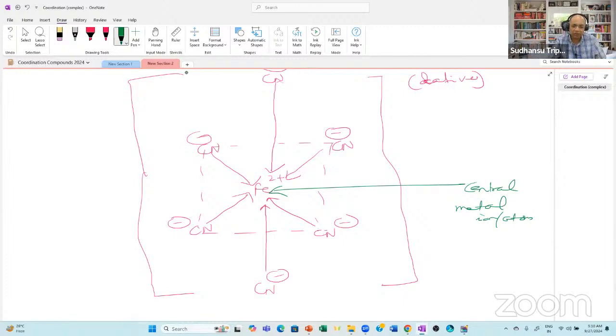So iron is in the +2 state, ferrous ion, and it is being coordinated by 6 ligands. These are ligands which have at least one pair of electrons to donate. They have donated, and these are all covalent bonds.